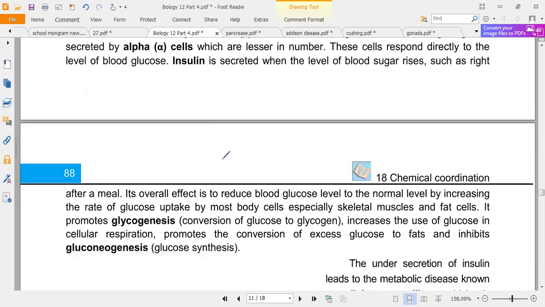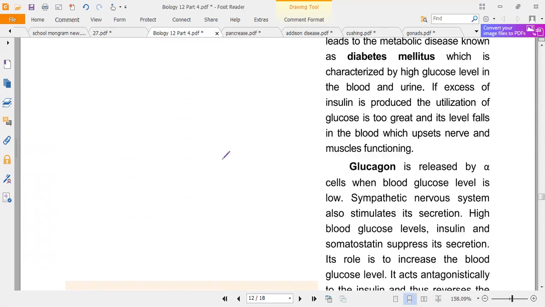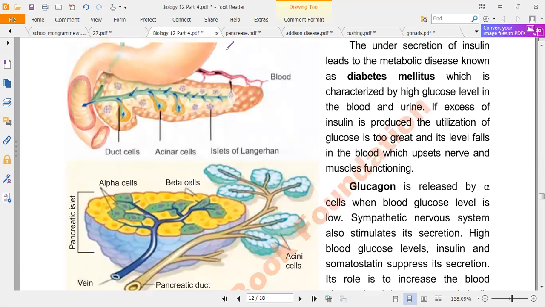If we see its structure, you can see here in this diagram. We see that this is the pancreas, which is lying below the stomach, and it has a relation with the small intestine. That is its exocrine function, where acinar cells are present.